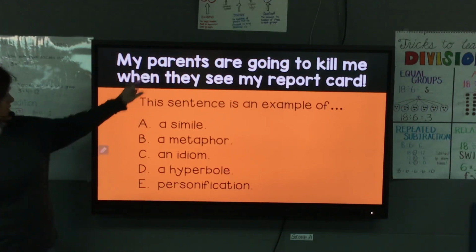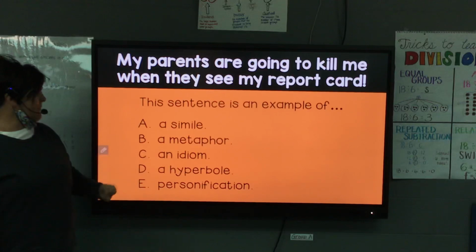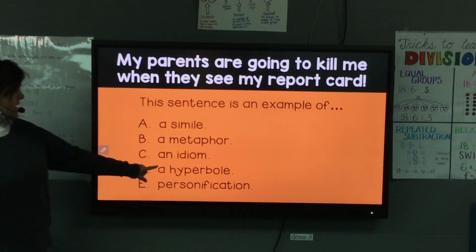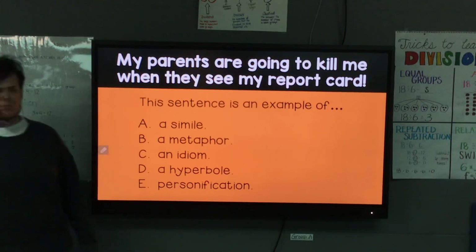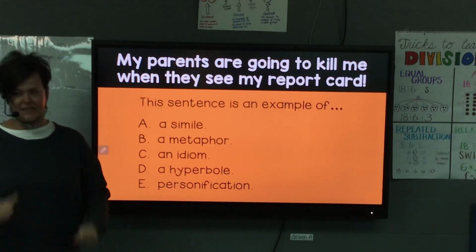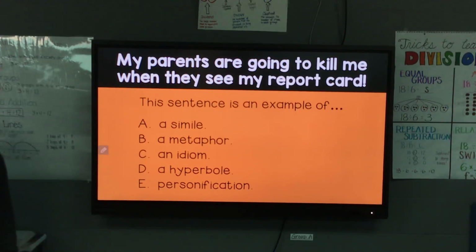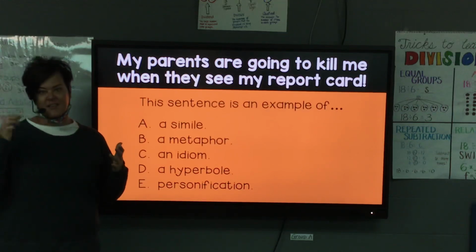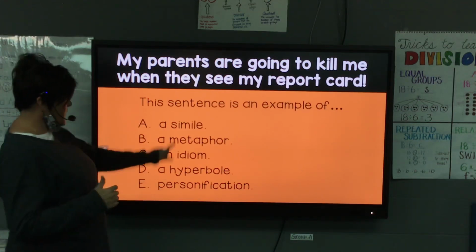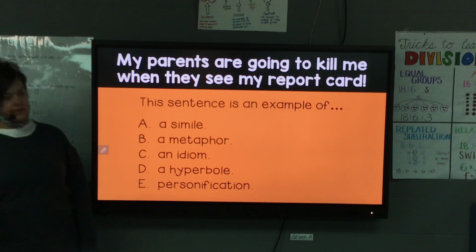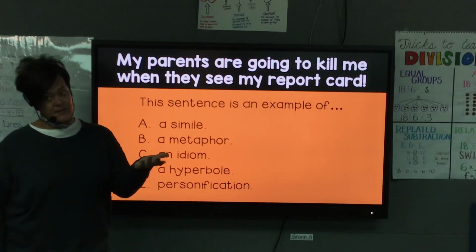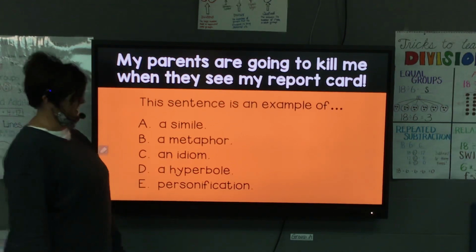Is that an example of a simile, a metaphor, an idiom, a hyperbole, or personification? Is that an exaggeration? Yes. Do you remember which one of those is an exaggeration? Because your parents probably aren't going to kill you. They might not be happy, but they're not going to kill you.